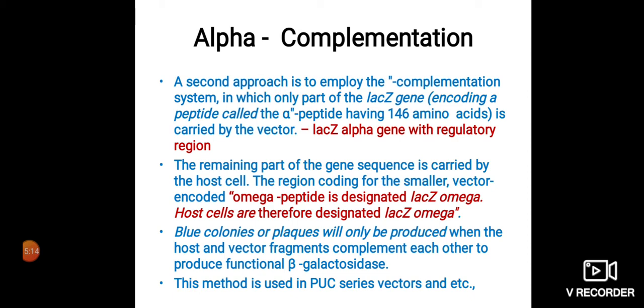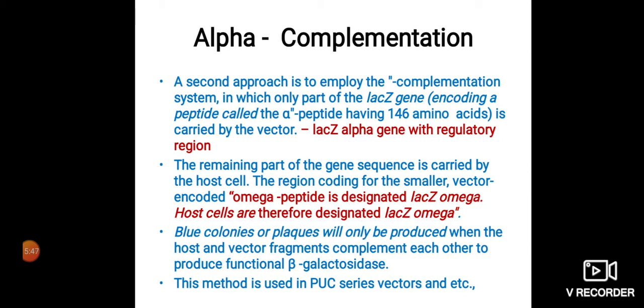The host which is going to be transformed with these vectors was made such that these host cells have the omega part of the gene. So whenever the cells are transformed with the vector carrying the alpha part, the vector produces the alpha part, whereas the host cell DNA produces the omega part.